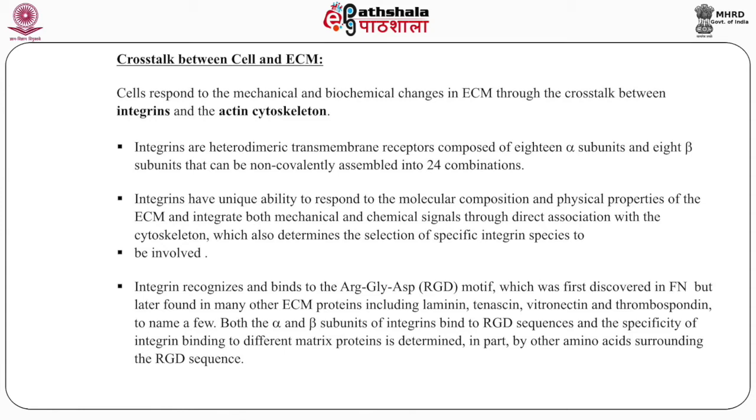Integrins have a unique ability to respond to the molecular composition and physical properties of the ECM and integrate both mechanical and chemical signals through direct association with the cytoskeleton, which also determines the selection of specific integrin species to be involved. So, depending on the function, which combination of integrin plays a role.